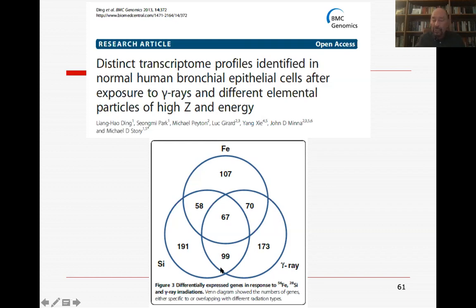You see that some genes were expressed after all kinds of irradiation, 67 to be precise, a very large panel. But some were really unique. You see, 173 were expressed only after gamma rays, 191 only after silicon, and 107 only after iron. So there is room to believe that the genetic sensitivity can be radiation quality dependent.